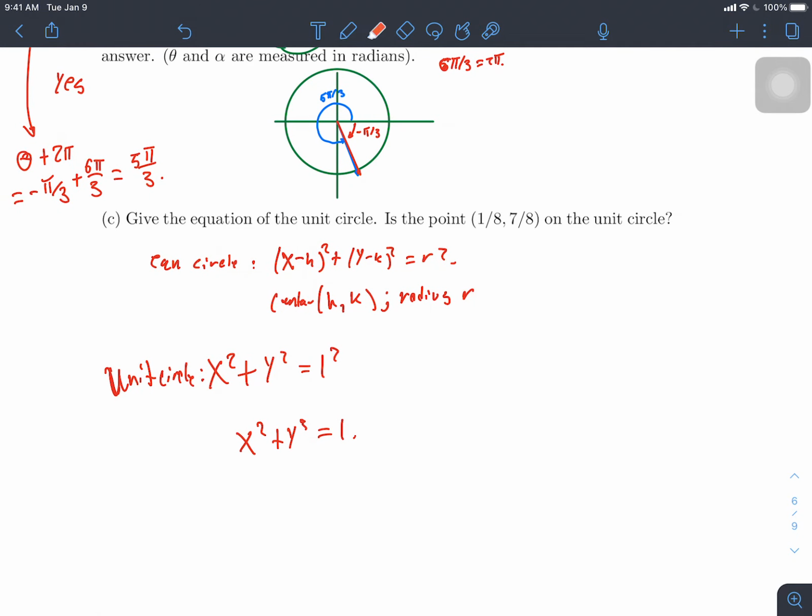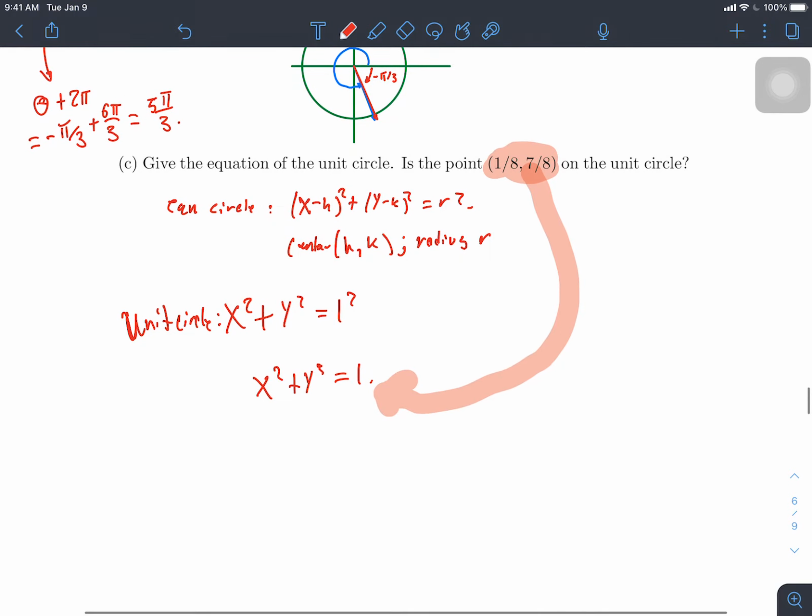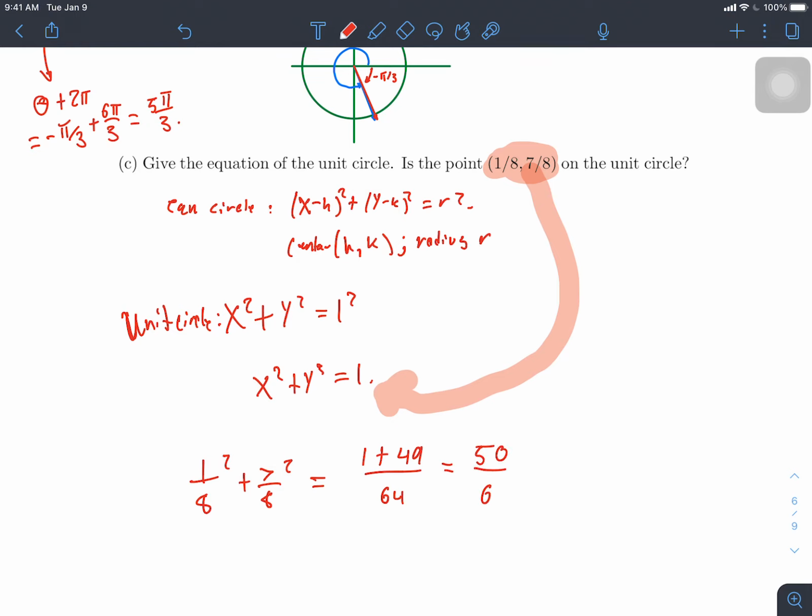Okay, and then if we want to know whether a given point is on the unit circle, then we just need to check, well, if I plug it into the equation of the unit circle, do I get something which is true? So I can try. I'll get 1 over 8 squared plus 7 over 8 squared, and that will be equal to 1 plus 49 over 64, which is equal to 50 over 64, which is not equal to 1.